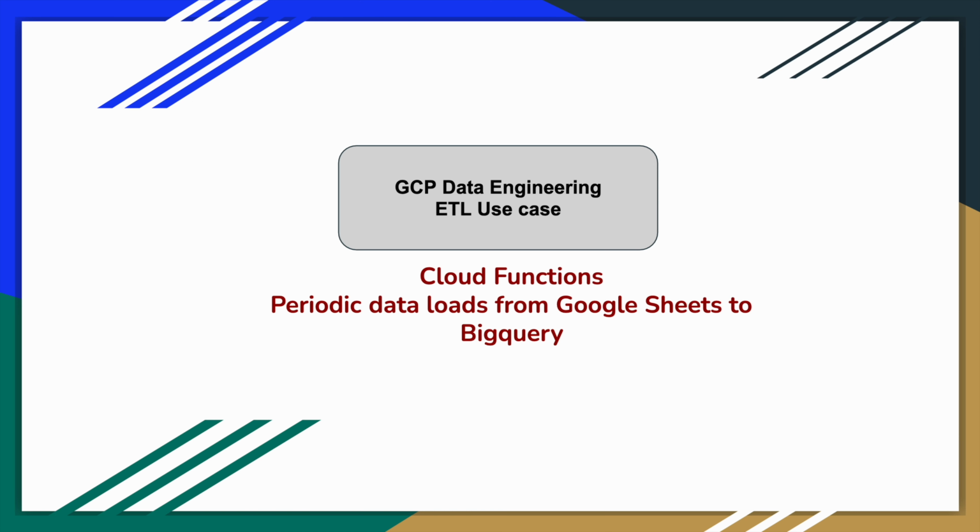In that use case, you are not loading the data into a BigQuery table; the data just resides in the Google Sheet itself, but you can still query it using the BigQuery API. But here, if you have to load the data periodically into BigQuery on a schedule, then this is going to help a lot.